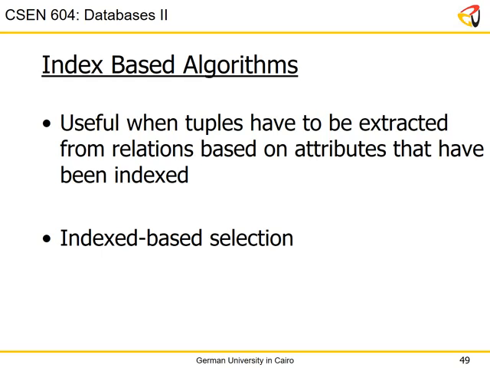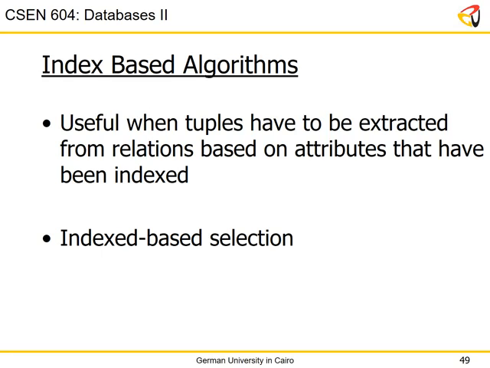Sometimes the database engine will create an index, not a hash-based one, but another type of index, for example, a B plus tree or an R tree, depending on the query that you are passing to the engine. The idea here is that using an index, even though it's created on the fly and there is some time spent creating the index just to answer a query, this is much better from the database engine perspective than doing a linear scan.